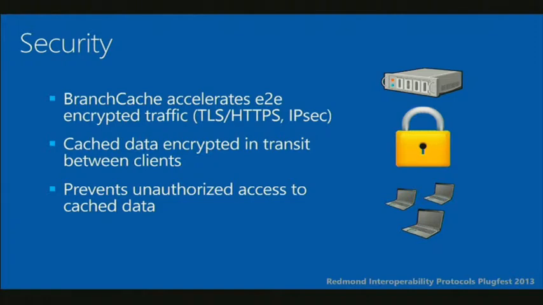We encrypt the data in transit between clients so that you can't overhear what's going on. Also, because the data is encrypted, even if you ask somebody for a given piece of file, unless you have the key, you can't decrypt it. So we help to prevent unauthorized attacks.